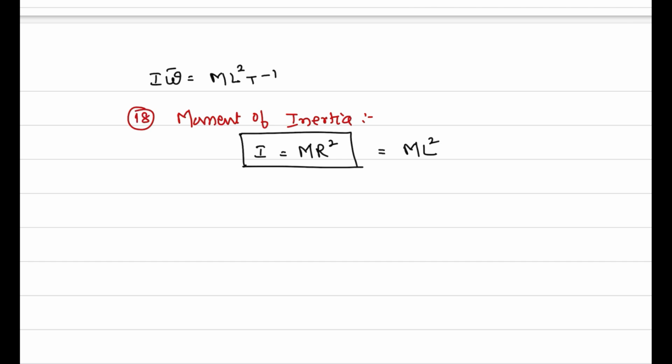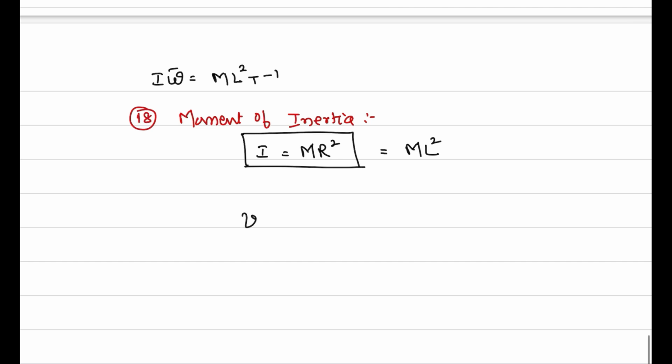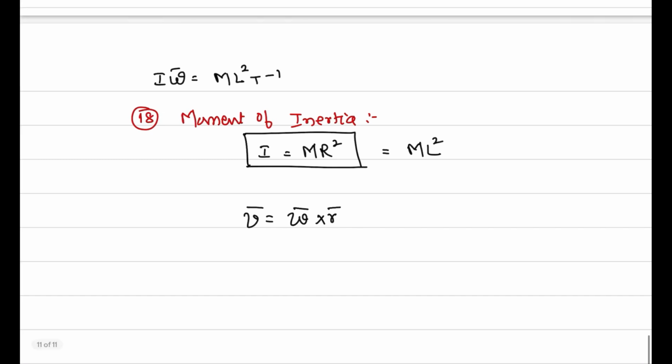And in my lectures anywhere, if V is equal to R cross omega is written, please neglect it. V is equal to omega cross R. This is the correct one.